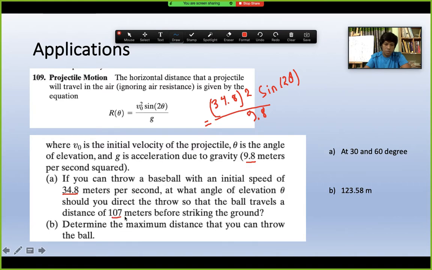They said R of theta means 107. So now we have only theta as the unknown thing here.